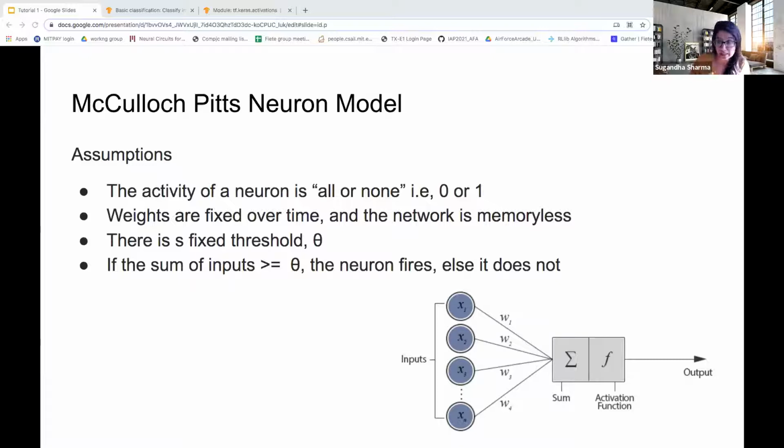The inputs are binary, all or none, so the inputs are either 0 or 1. And there is a fixed threshold, which mimics an activation function. If your summed inputs are greater than this particular threshold theta, then your neuron fires. Otherwise, the neuron doesn't fire. So this was a simple model.